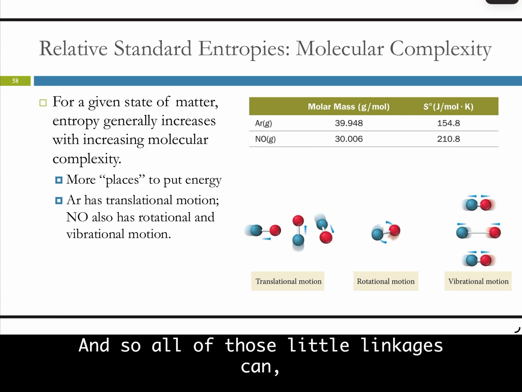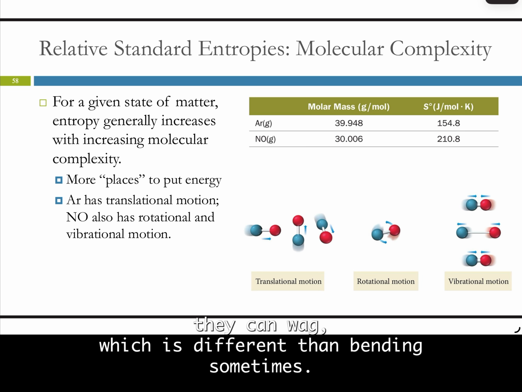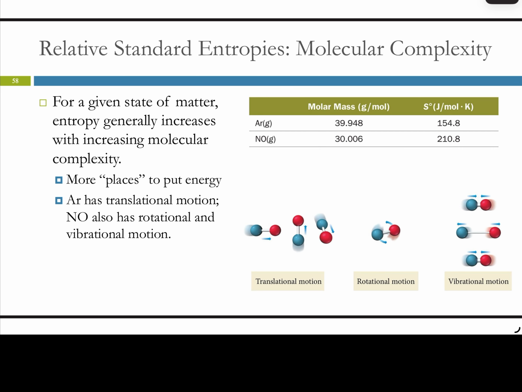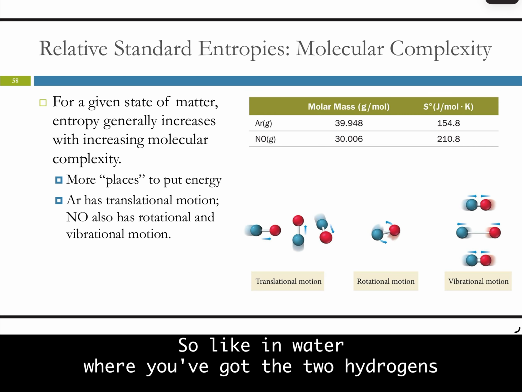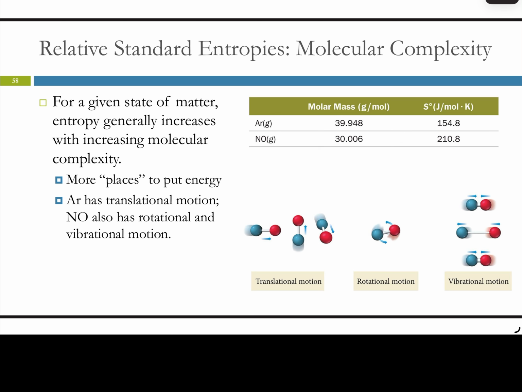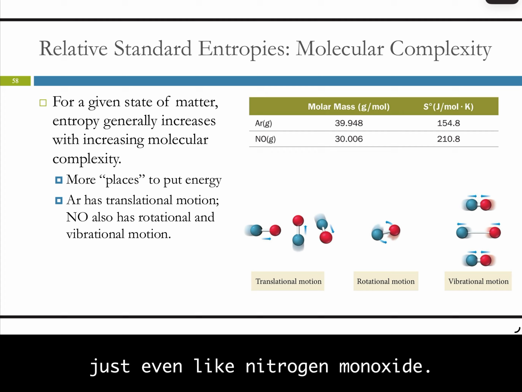All of those little linkages can bend, they can stretch, they can wag, which is different than bending sometimes. And then they could do so relative to each other, which adds microstates. So like in water, where you've got the two hydrogens, they can either do this, or this, or this. There's a lot of different ways for them to move versus just even nitrogen monoxide.